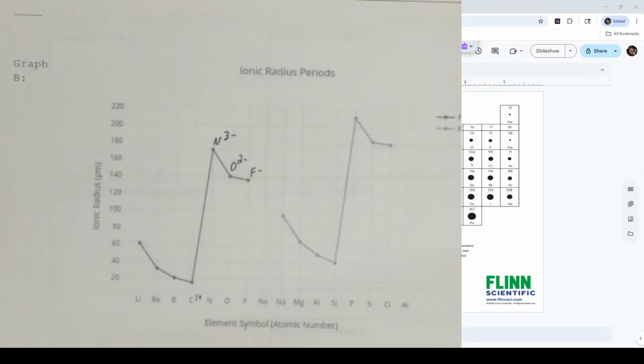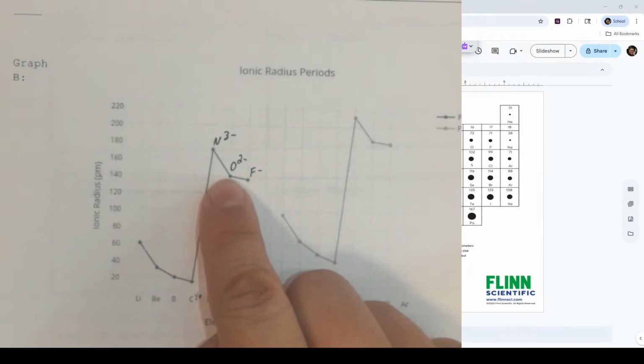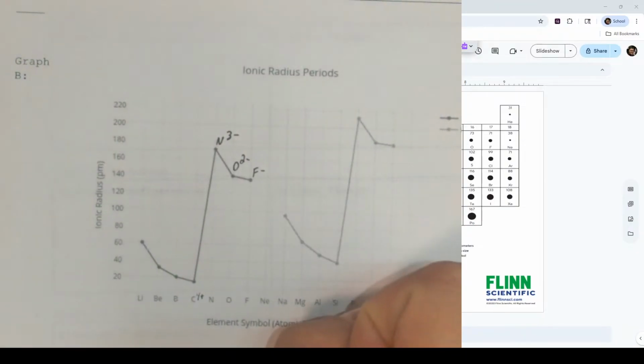So that outer shell is being pulled in with just as much nuclear charge, but now it has an extra electron to deal with for fluorine. It has 2 extra electrons to deal with for oxygen, 3 extra electrons to deal with for nitrogen.